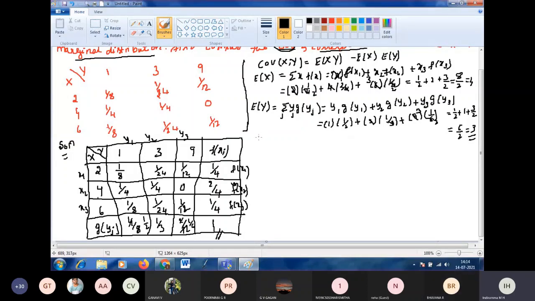Yes, ma'am. Okay, next we have to go for expectation of x into y. Expectation of xy is summation of xi yj pij, summation over i and j both. So be careful here. It should cover the complete table including x and y.